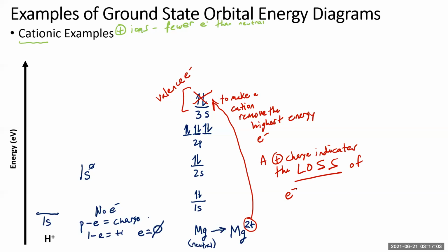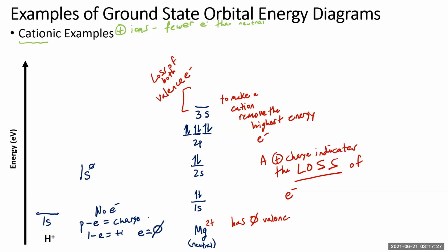So the orbital energy diagram for magnesium 2+ would then be this. The loss of both valence electrons. So now magnesium 2+ has 0 valence electrons.